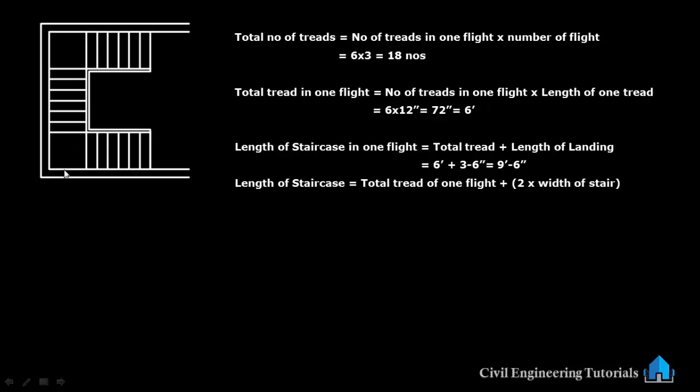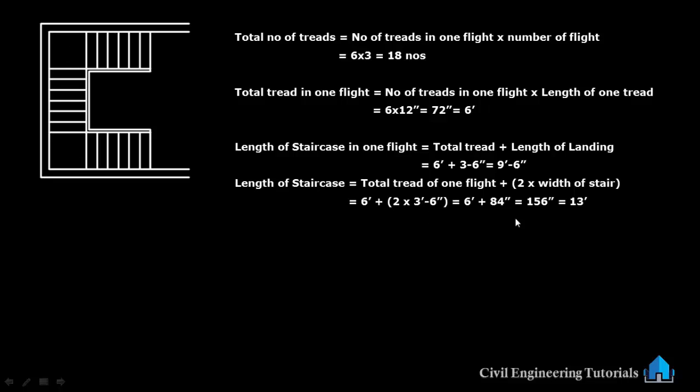So total tread of one flight plus 2 landings, that is total tread of one flight plus 2 into the width of stair or landing. The total tread of one flight we have calculated is 6 feet, plus 2 into 3 feet and 6 inches.